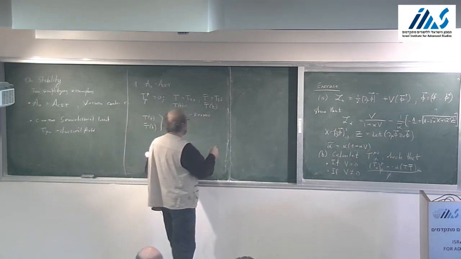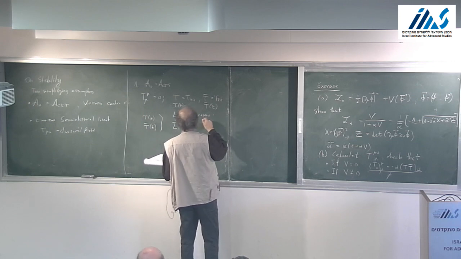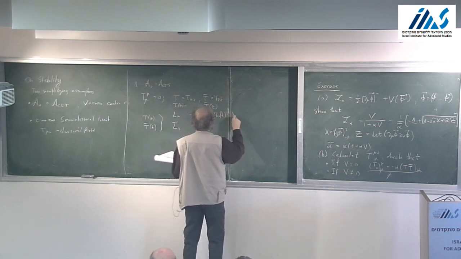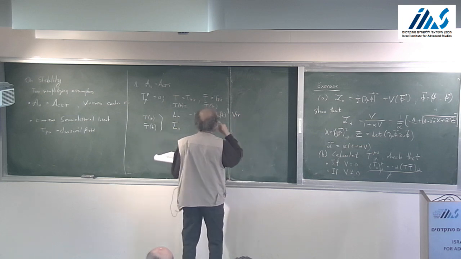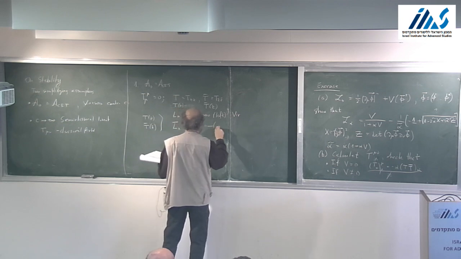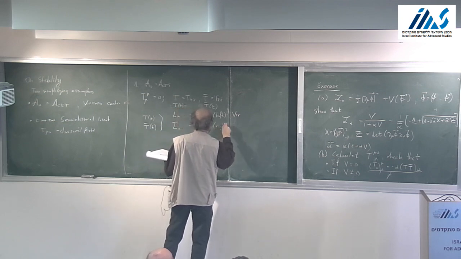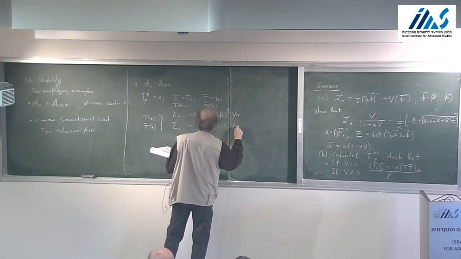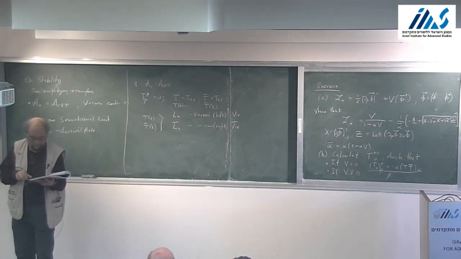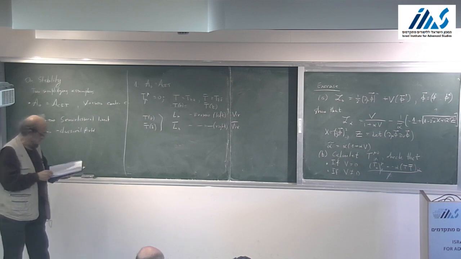of left movers. Let me call it left Virasoro, and I denote it by this symbol. And this is another copy of the Virasoro algebra, and I denote it, guess what, by the same thing with a bar.